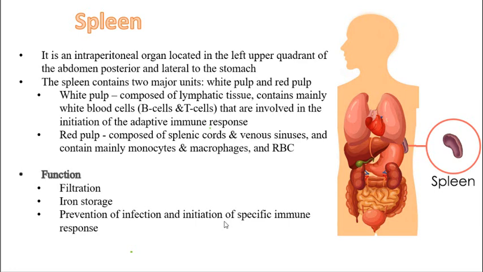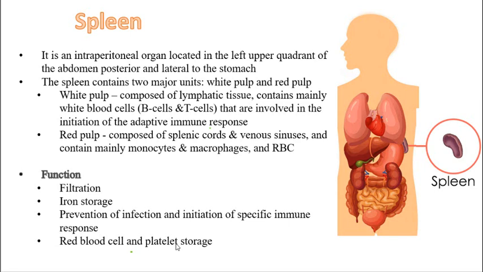The other way is that they produce antibodies. If a macrophage encounters a pathogen, it will destroy it, and at the same time it will present the antigen to the T helper cell. The T helper cell will stimulate the B cells, and B cells will proliferate and become plasma B cells, and plasma B cells will produce antibodies.